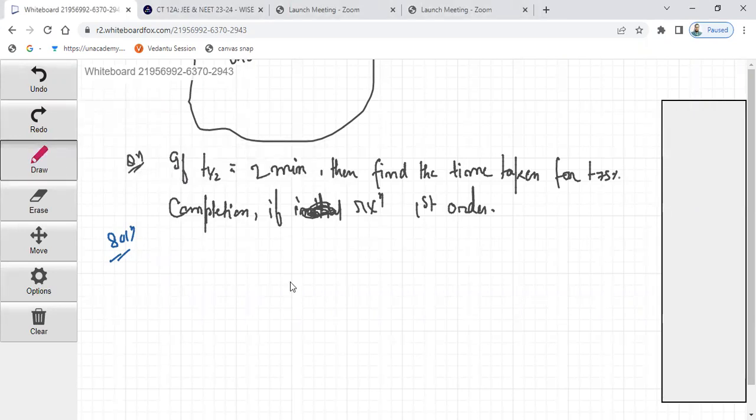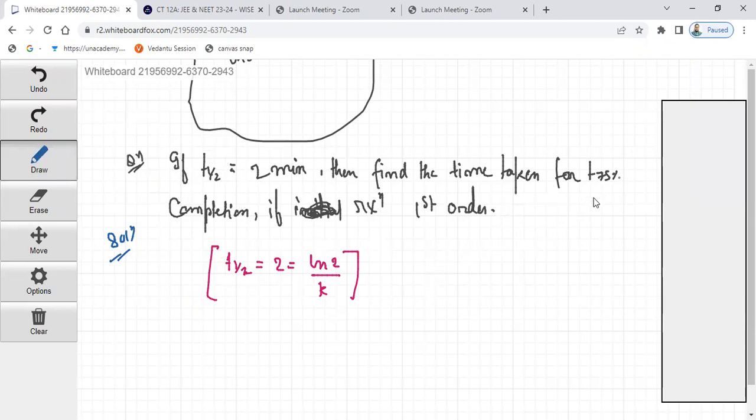Here, a similar concept. If the t half value is equal to 2 minutes, this value is equal to ln 2 divided by the k value. Now, find the time taken for 75% completion.